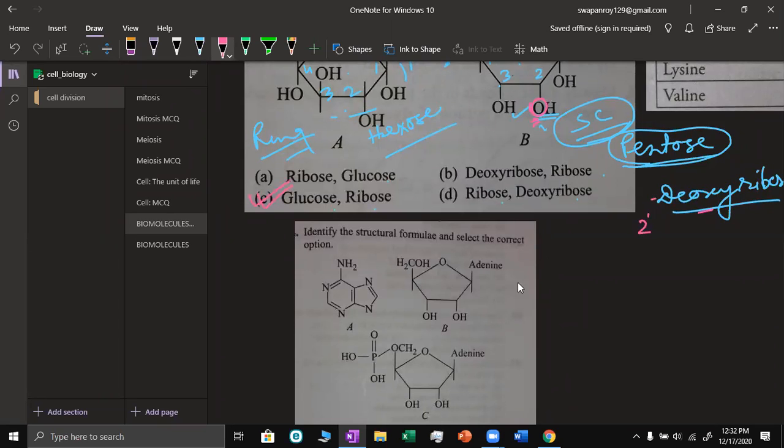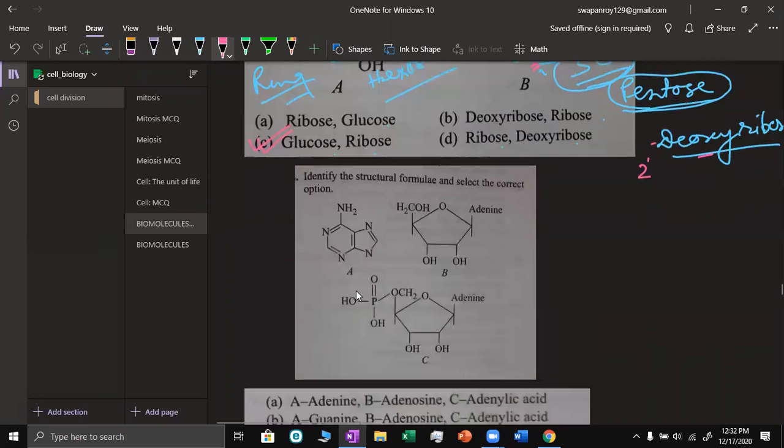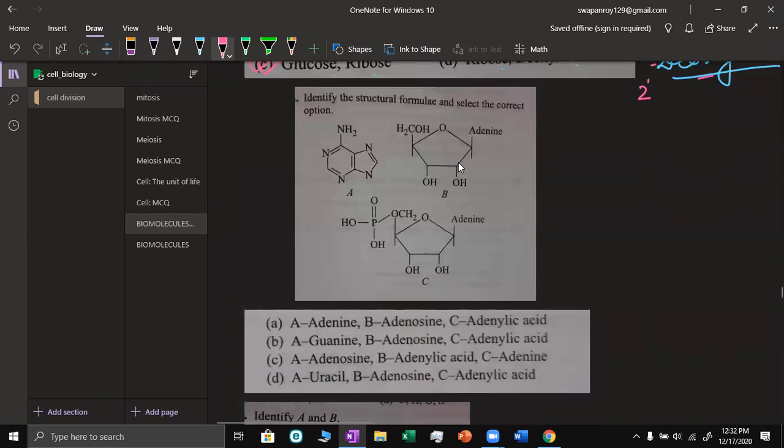Next one is given here, again the structures of molecules. This is one structure, this is another structure, and this one is the same. This one has only a nitrogenous base, this one has sugar and a nitrogenous base, and adenine is attached.